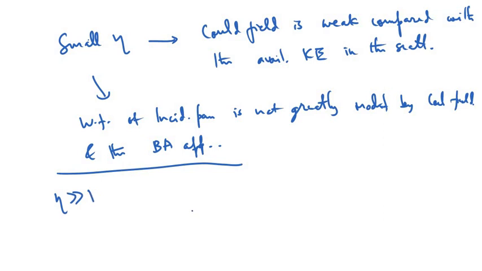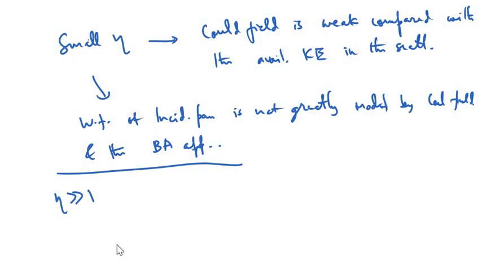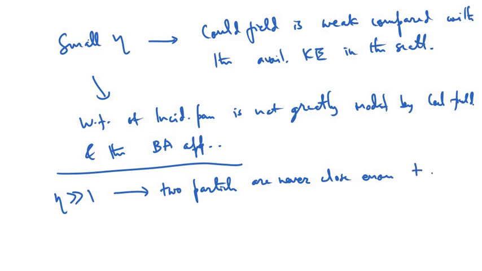Then in this case, two particles, just a second, okay, yes, so I was saying that if eta is much greater than 1, then in this case, two particles are never close enough to each other for the nuclear force to play a role.